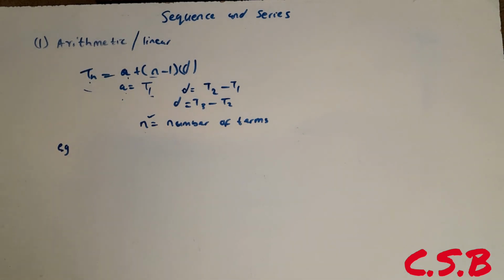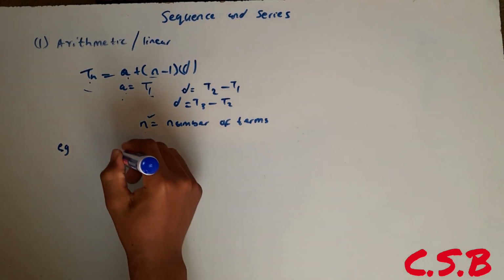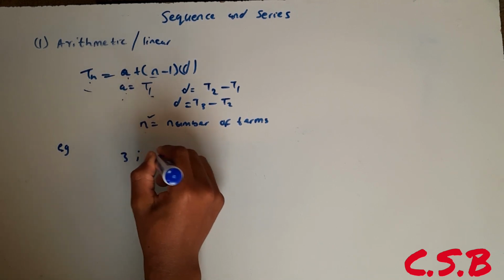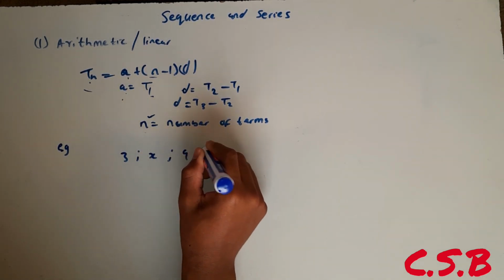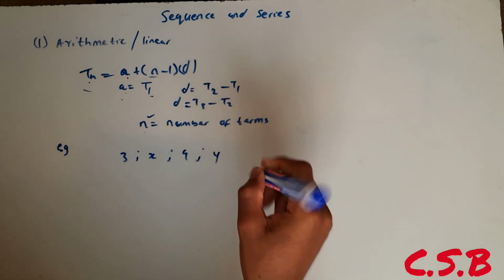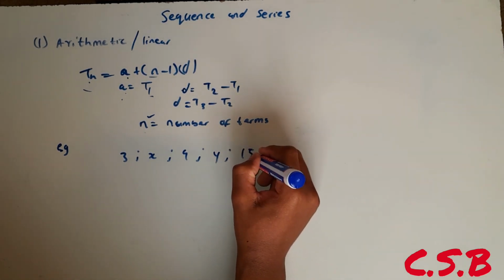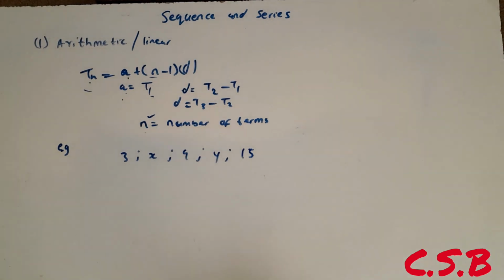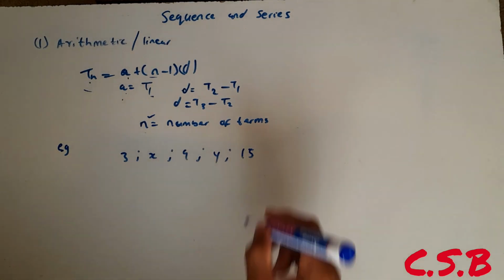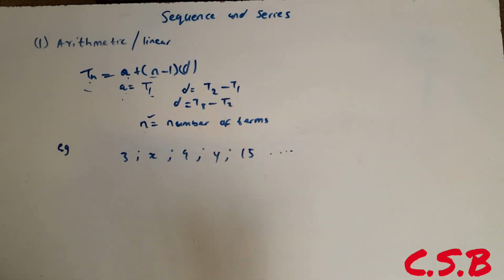So now let's just say the sequence is 3, x, 9, y, 15. The question says find the value of x and y.